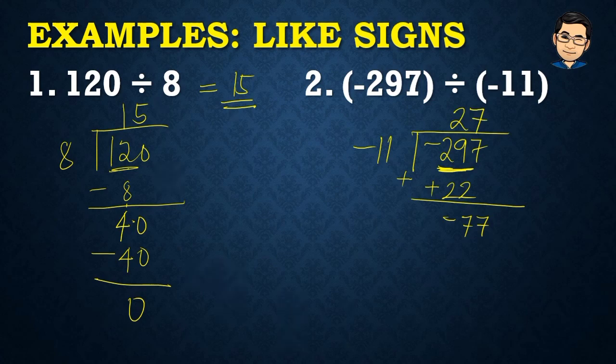And then 7 times negative 11, that is negative 77. And then we subtract, change the sign of the subtrahend, and then proceed to addition. Negative 77 plus 77, that is 0. So if we divide negative 297 by negative 11, the answer or the quotient is positive 27.